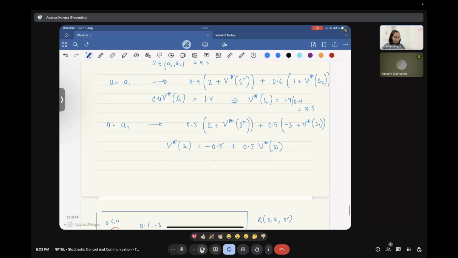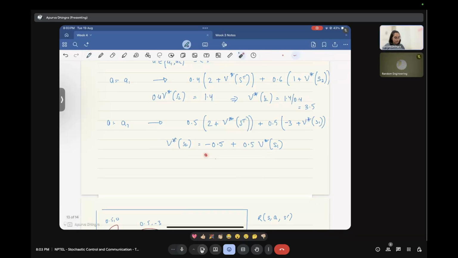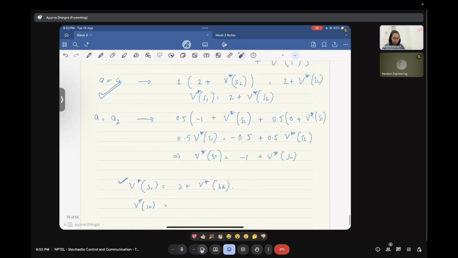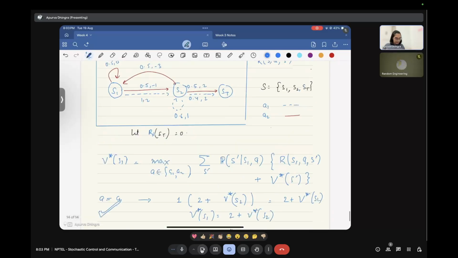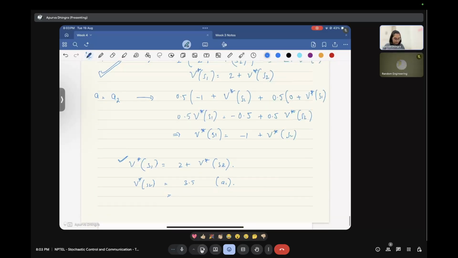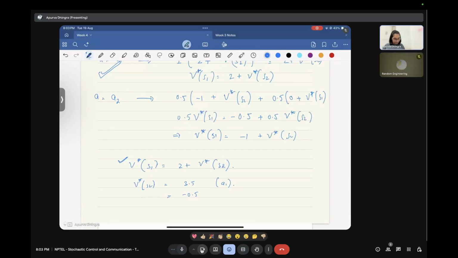Now we just need a comparison, and let's see if that resolves itself or not. So one option is 3.5. This is with action A1. The other is minus... so let me plug in VS1 here and simplify this a little bit.